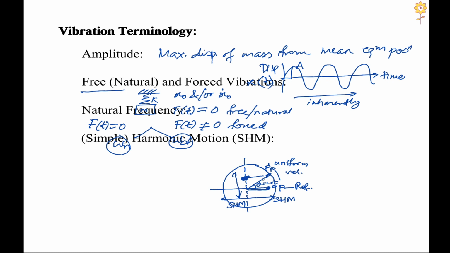Suppose I am taking the projection of the particle along the vertical axis. In that case, this becomes the displacement as a function of time t, and I can imagine that the center of gravity of the mass corresponds to the projection of the particle along the diameter, and we can visualize that it is connected with a spring. So the mass will have a motion between these extremes, from here till here.